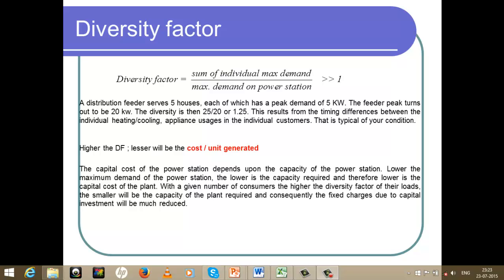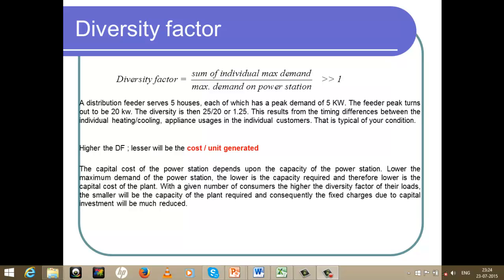Now these 5 houses, if you check the maximum peak value of power consumption, it happens at a different time. Say for example, each house is consuming a peak value of power at 5 kilowatt.